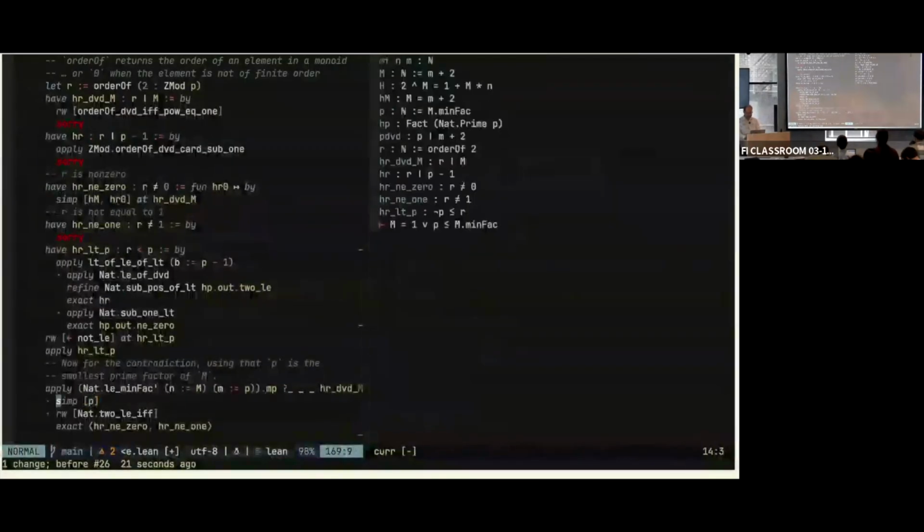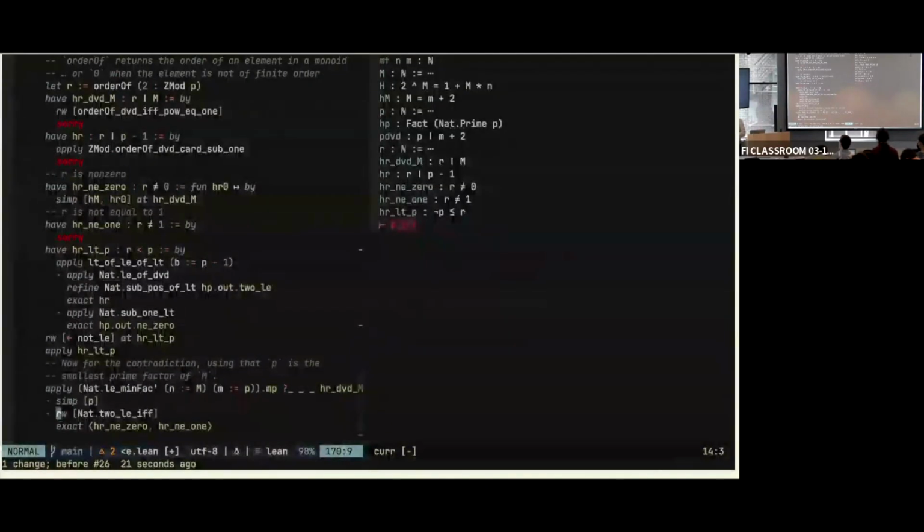And so now I have to prove two things: that either m is 1 or p is smaller than the minimum prime factor, which is true because it's equal, and m is 1 is not true. That's okay. And I have to prove that 2 is smaller than r, which is true because I have proved that r is non-1, and also r is not 0, because of the order of 2 in z mod p. What could it be?